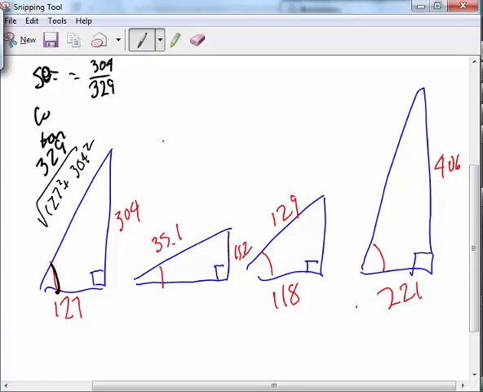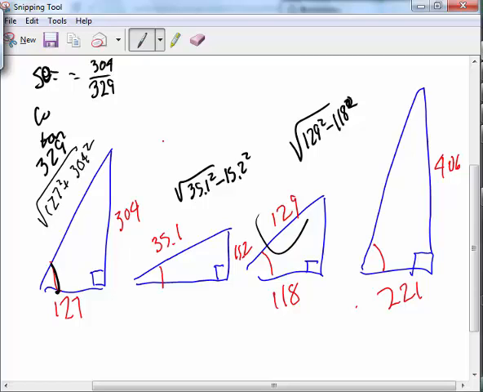In this case, we have to take the square root of 35.1 squared minus 15.2 squared, because we're given the hypotenuse. In this case, we're given the hypotenuse, so it'll be the square root of 129 squared minus 118 squared.